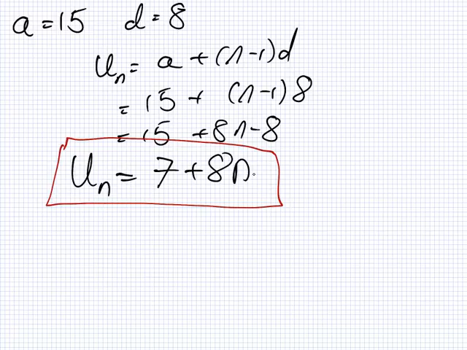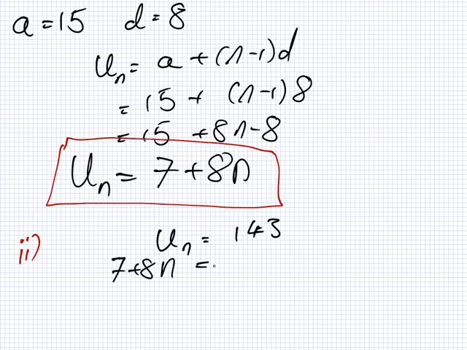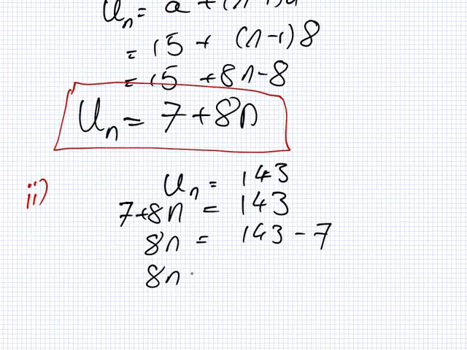So for the second part, you have u_n equals 143. So 7 plus 8n equals 143. 8n is 143 minus 7. So that means 8n is 136.